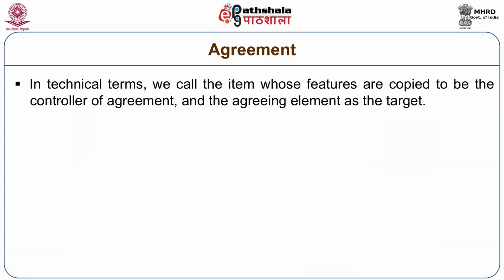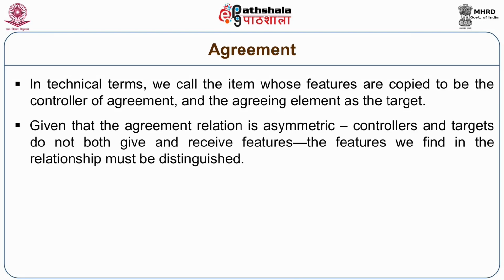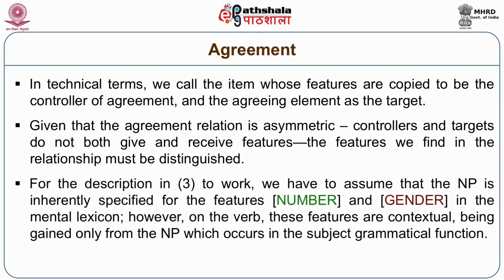Let us call the item whose features are copied onto the verb the controller of the agreement, and the agreeing element the target. The agreement relation is asymmetric. Controllers and targets do not both give and receive features. Rather, controllers give and targets receive. In this sense, the controller is inherently specified for those features, whereas the target only gets them contextually.